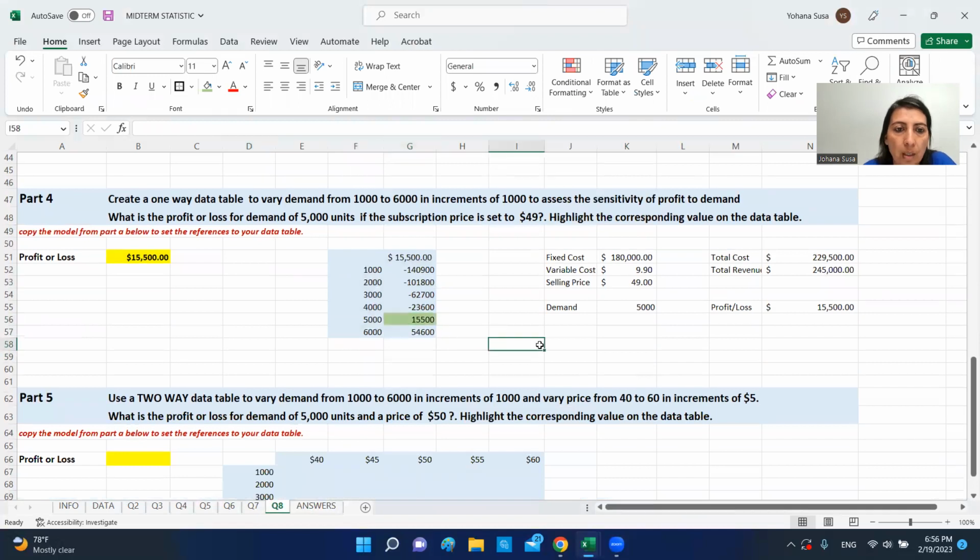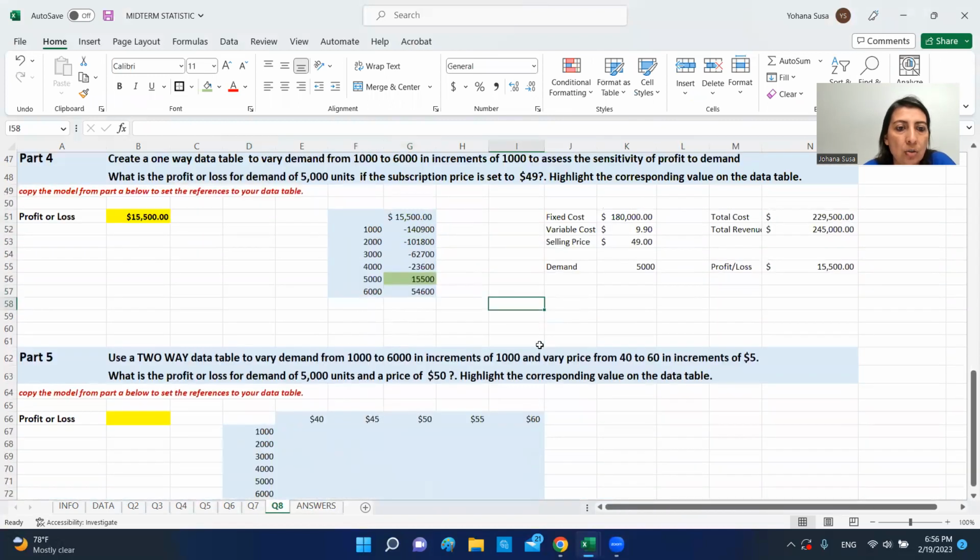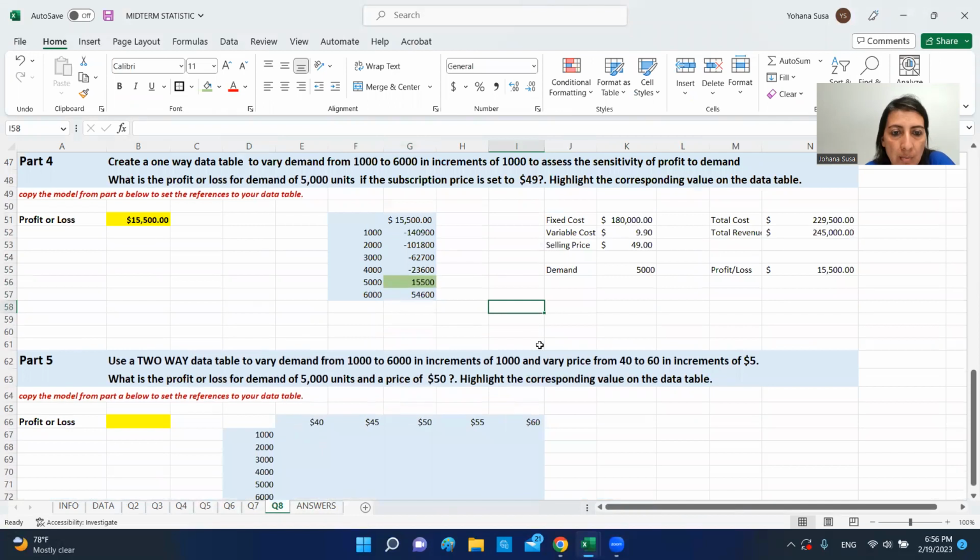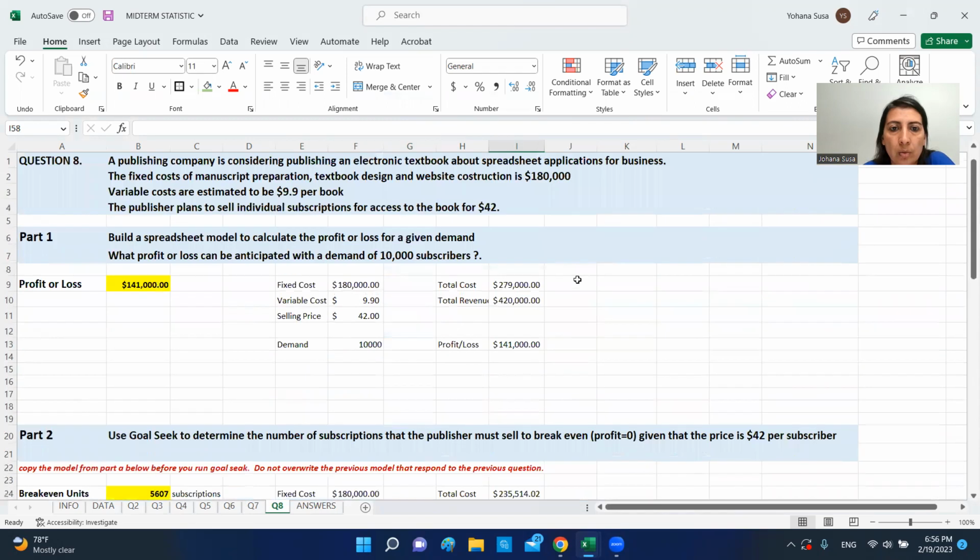There you go. Now it says use a two-way data table to vary demand from 1,000 to 6,000 in increments of 1,000, and also vary the price from 40 to 60 in increments of 5. So this has already been set up for us, as well as the columns. We need to bring our original information here.